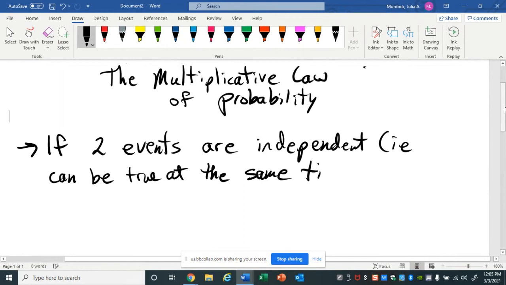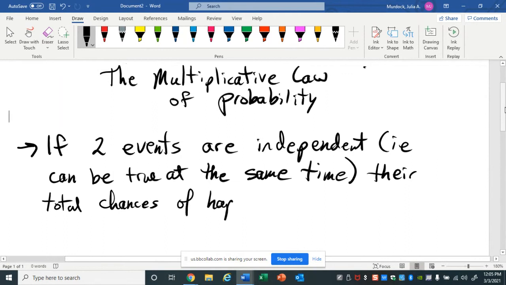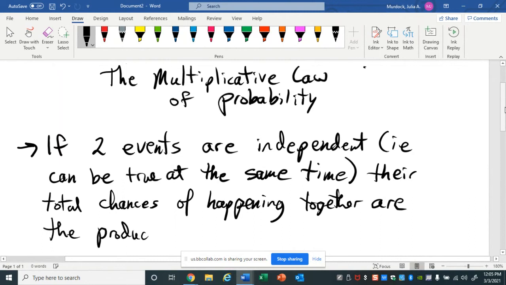Their total chances of happening together are the product of their chances of happening alone.